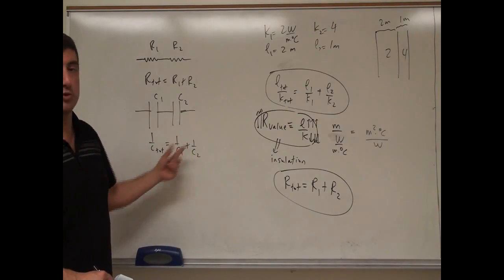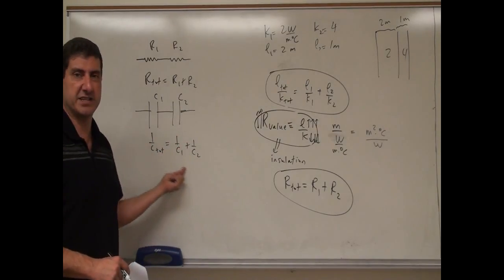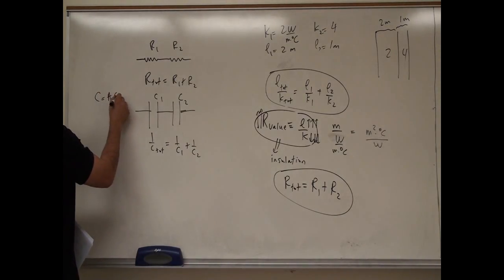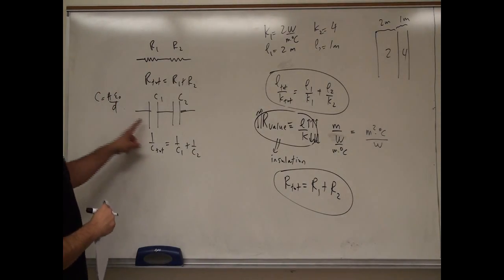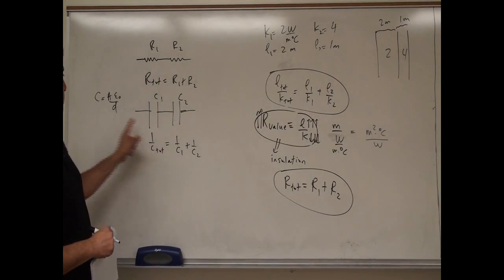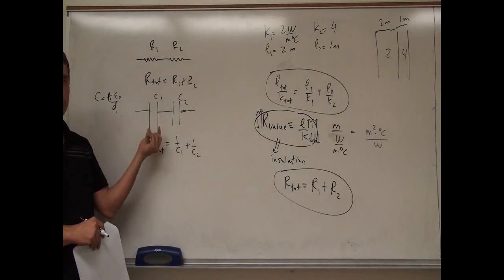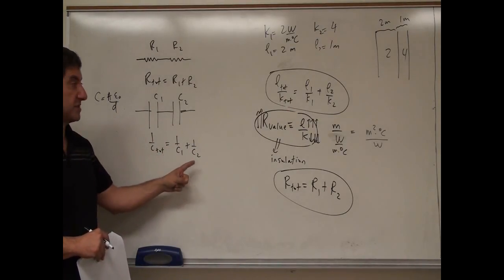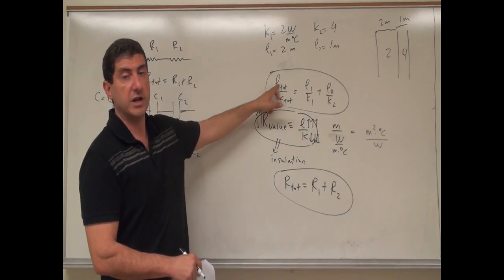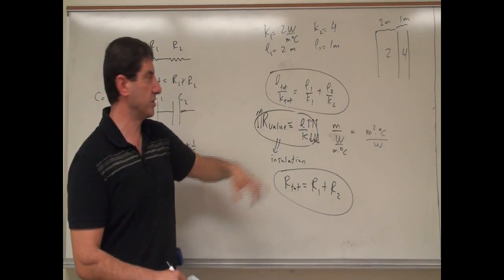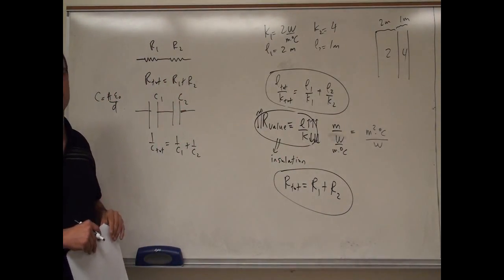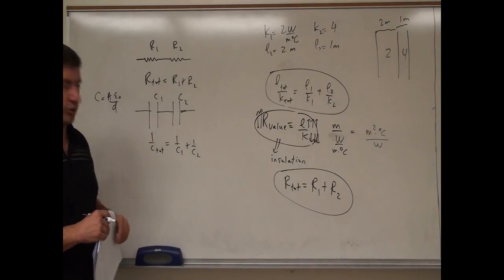Those are already built into the capacitance of the material, because the capacitance is A epsilon-naught over D. The capacitance is already determined by knowing the surface area of the capacitors and the thickness of each one. Whereas here, you have to have the conductivity, and on top of that, you have to have the thickness of the material, L total and L1 and L2. So the equation resembles capacitors, but it has that extra thickness factor, the L total, okay?